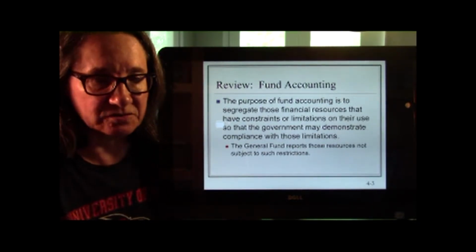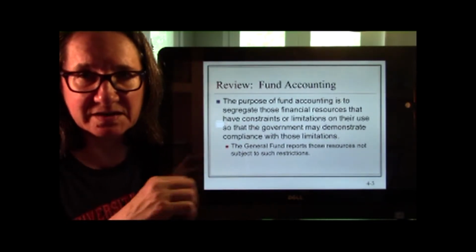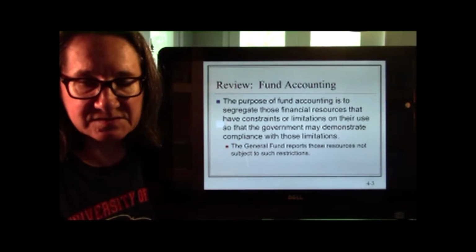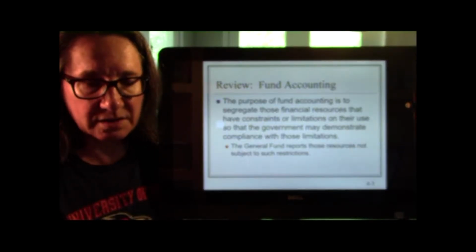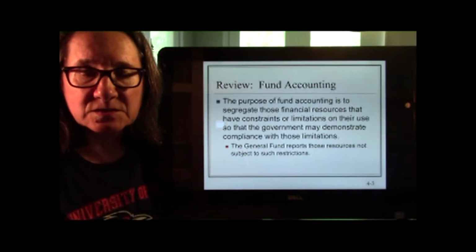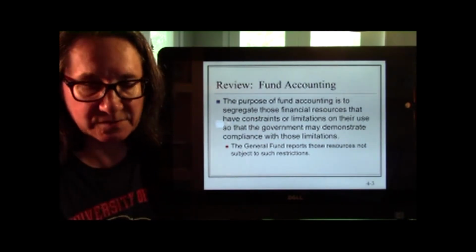That's the forfeiture fund, and it can probably only be used for public safety type stuff. They can't spend it to do other things. It's easy to imagine the state gives a city a grant to do school lunches. And so that grant money can only be used for school lunches. So those are what we call special revenue funds.